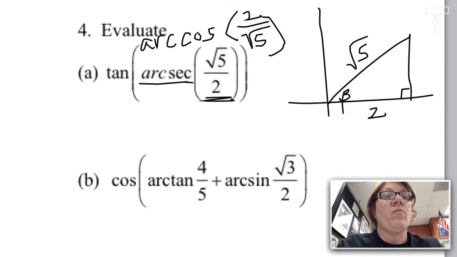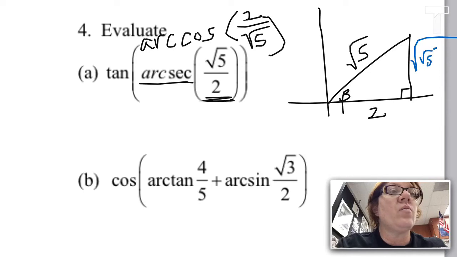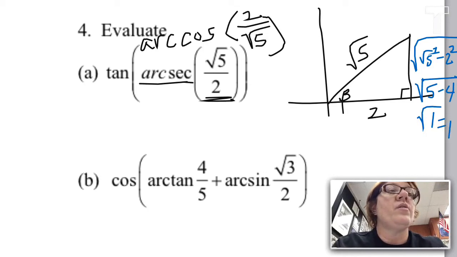So now, if I want to find this missing side, I have to do the square root of 5 squared minus 2 squared, and that's going to be 5 minus 4, or square root of 1, which is 1. So this side is now 1.